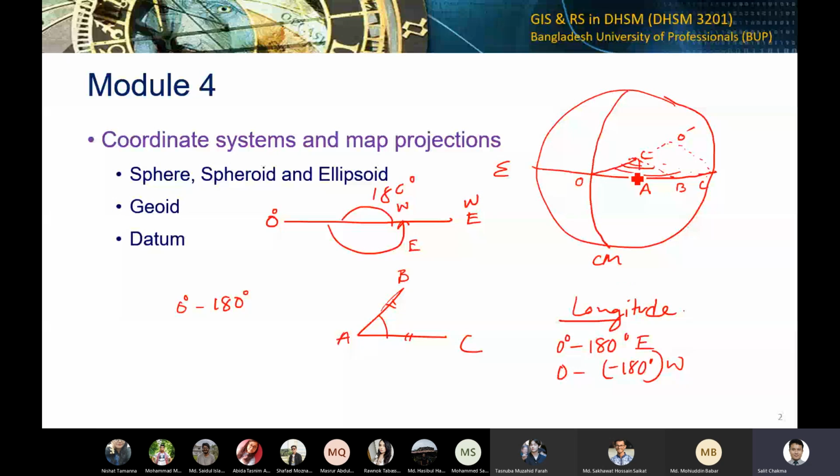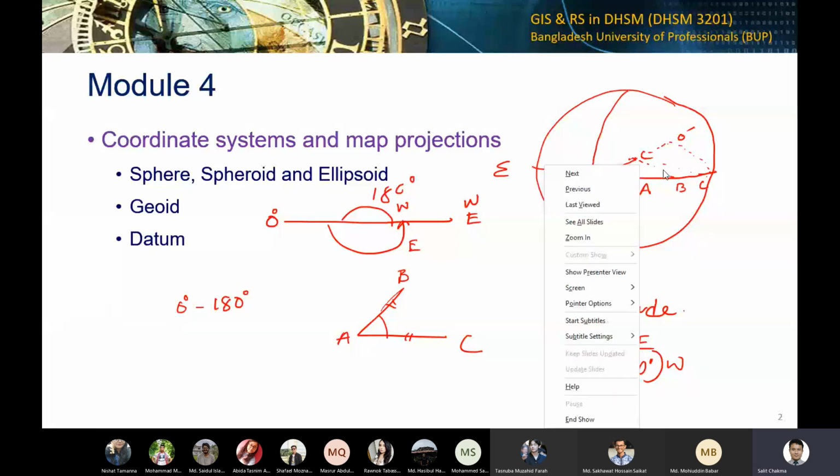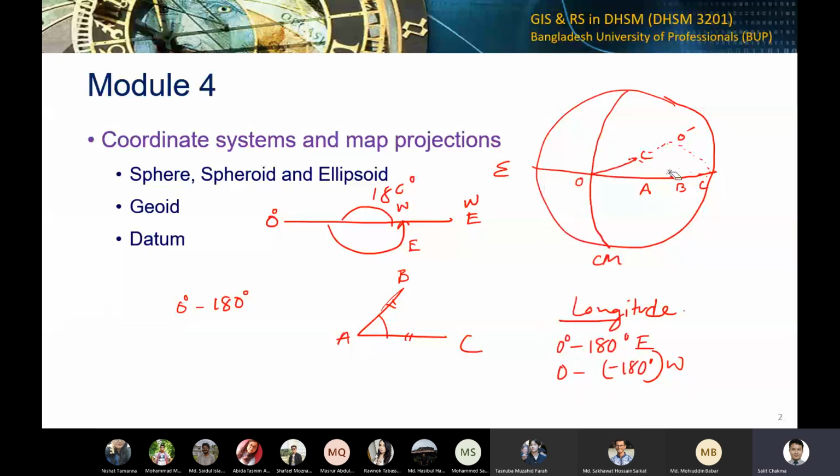Okay, so now, for example, let's remove all these points, A, B, and C. Now imagine that you start to move along the central meridian or any other meridian.